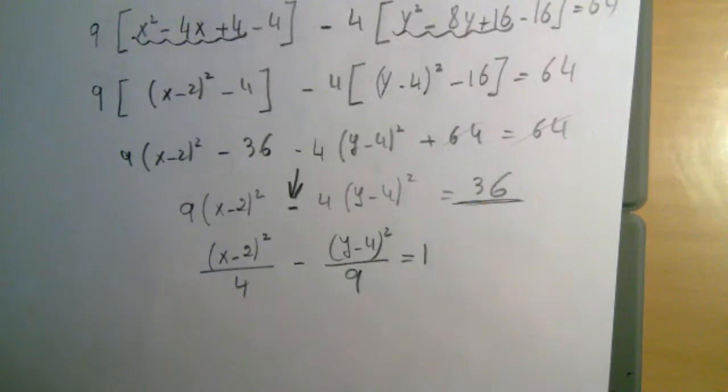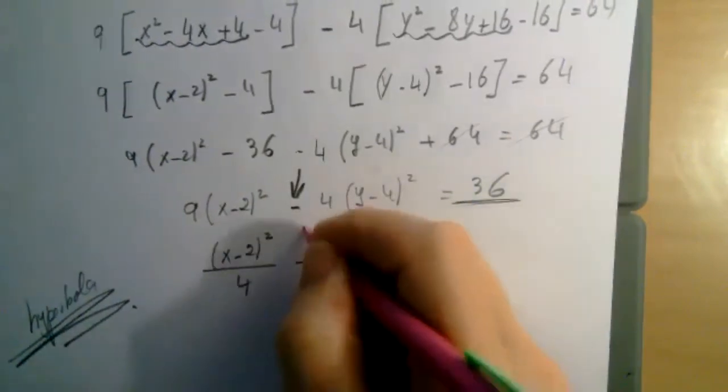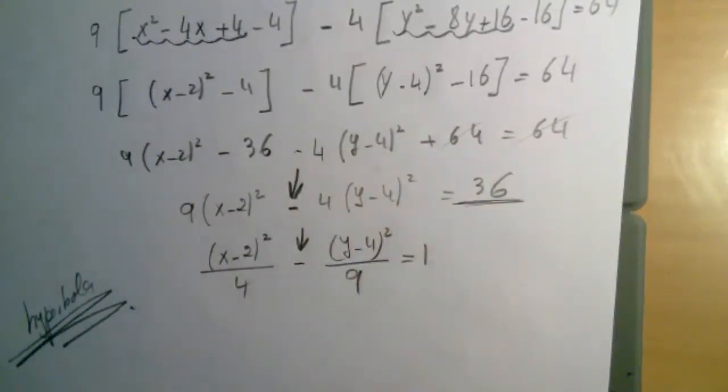So obviously now we know that we have a hyperbola. And this is a minus here, which means the hyperbola will open left and right because the x comes ahead of the y.